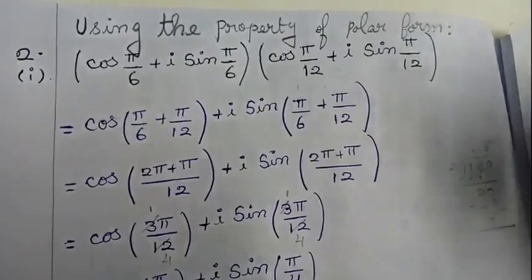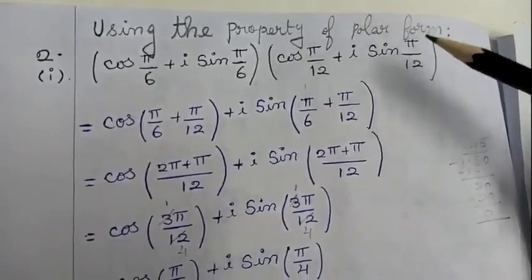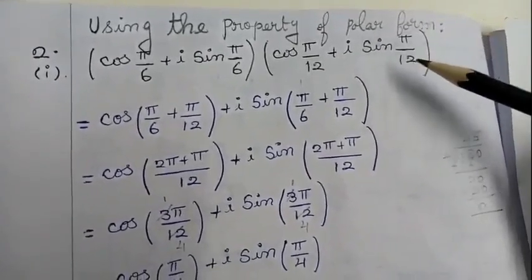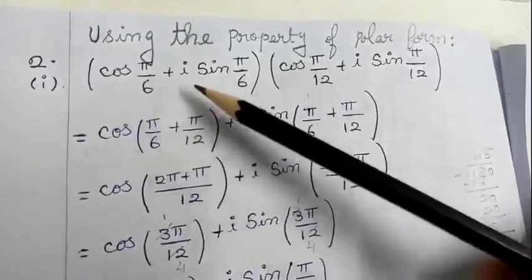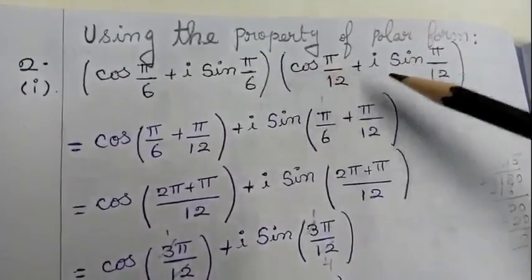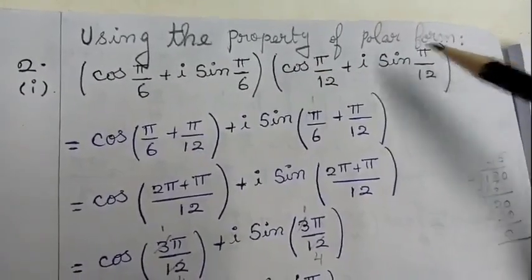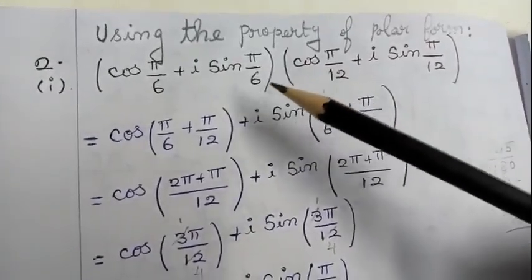Exercise 2.7 second sum. Using the property of polar form, we are going to do the first sum alone. What is the question given here? Cos pi by 6 plus i sin pi by 6 into cos pi by 12 plus i sin pi by 12. Two complex numbers are multiplied, that is, it is in the form of product.